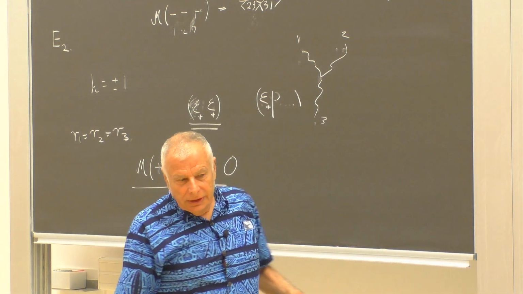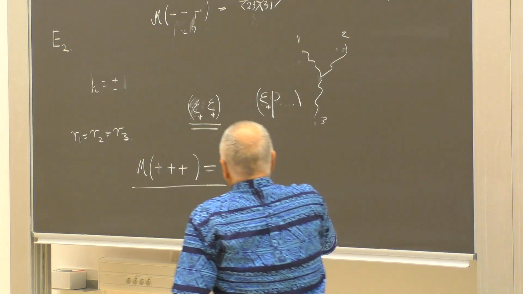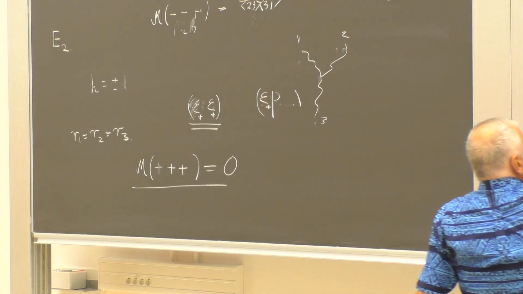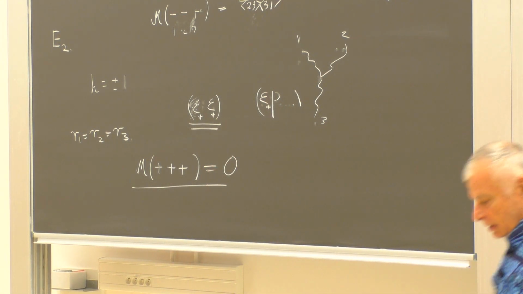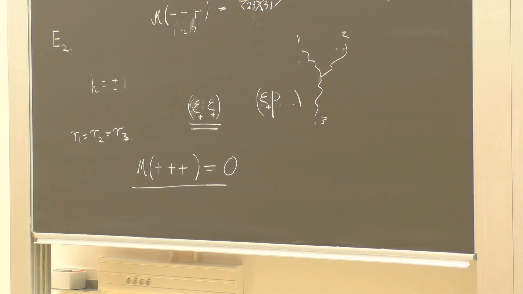Now, what about the amplitude minus, minus, plus? For that case, I can do the following thing. I can choose the same reference vector for 1 and 2, and for the third one choose, for example, P1.